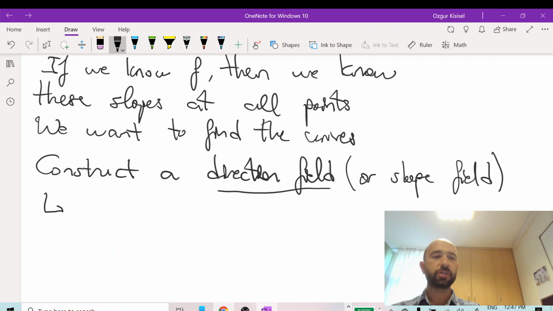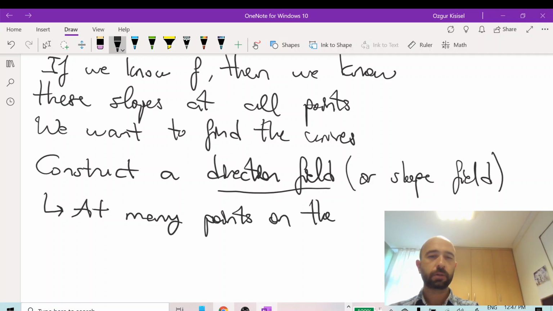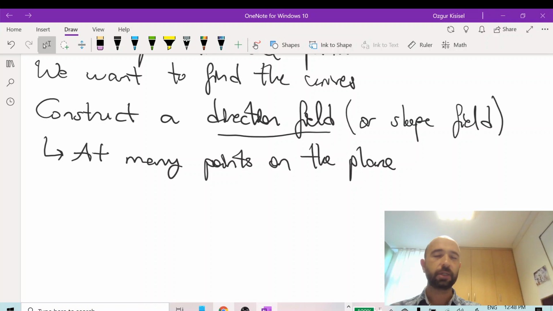So how you do this is, at many points on a plane, ideally at all points on the plane, but this is not possible, of course, practically.